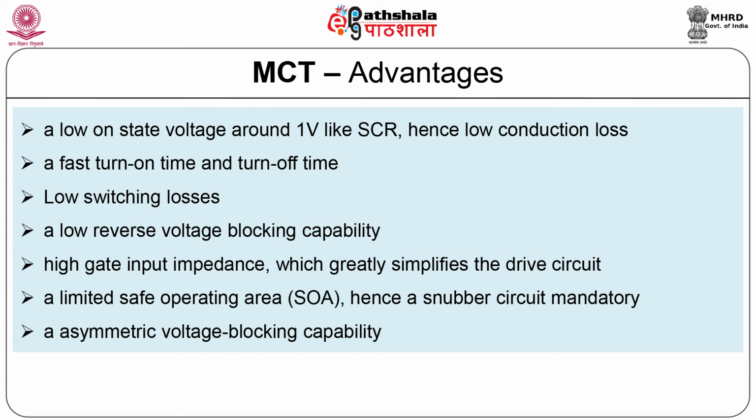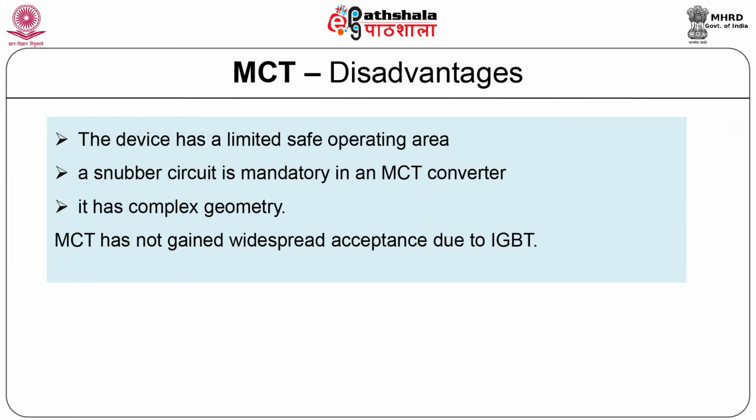The advantages of MCT: low on-state voltage, fast turn on time, fast turn off time, low switching loss, high gate input impedance. These are the advantages of the MCTs. There are a few disadvantages. It has limited SOA, safe operating area.